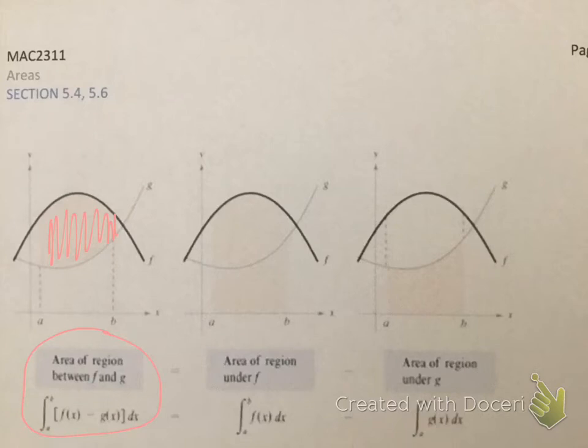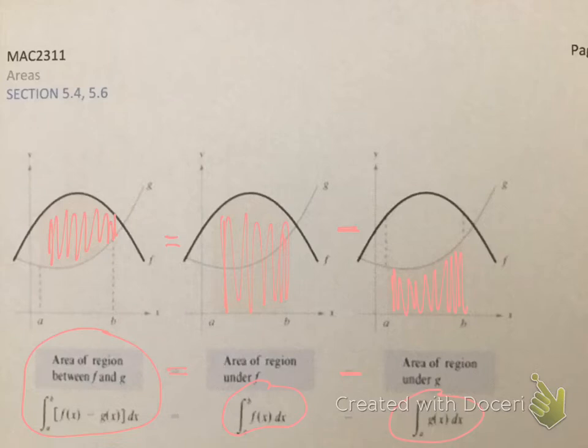That is equal to all of this region right here minus that region right there.